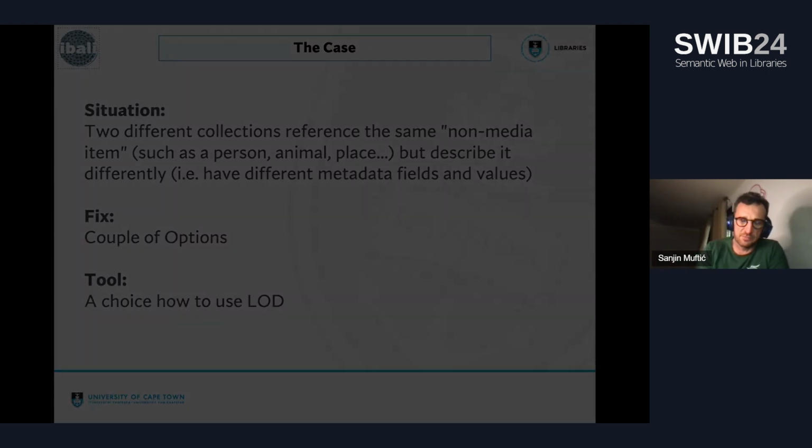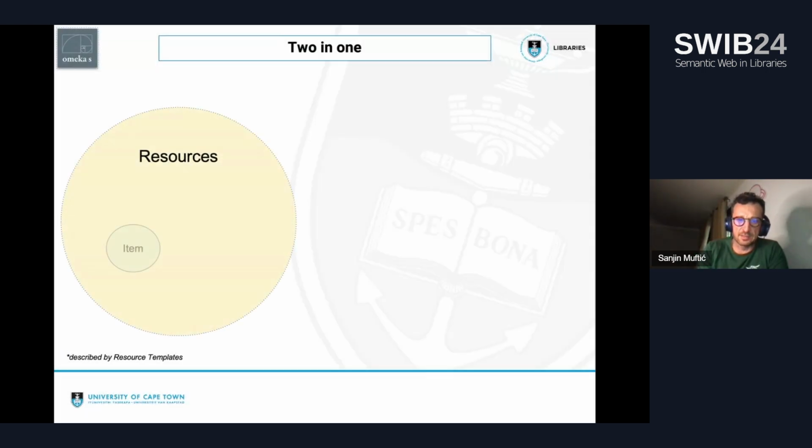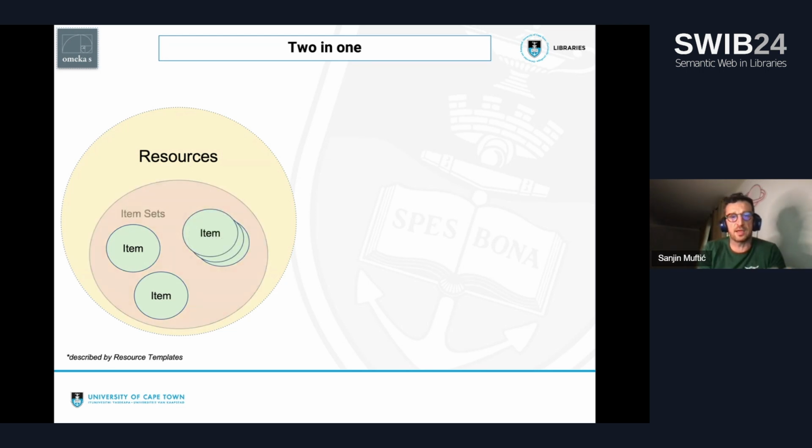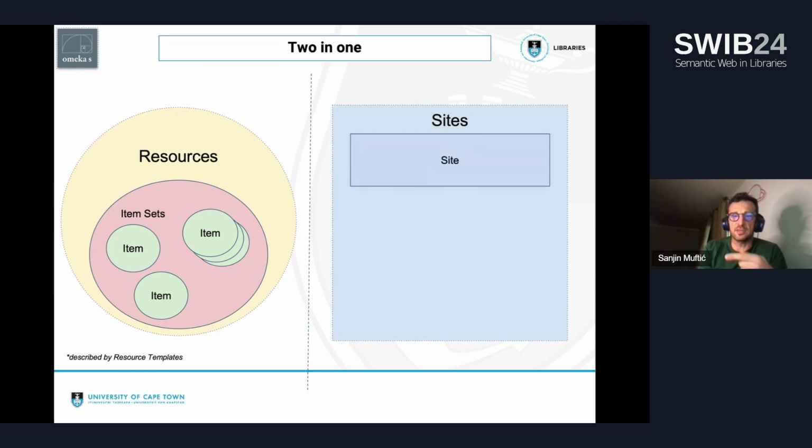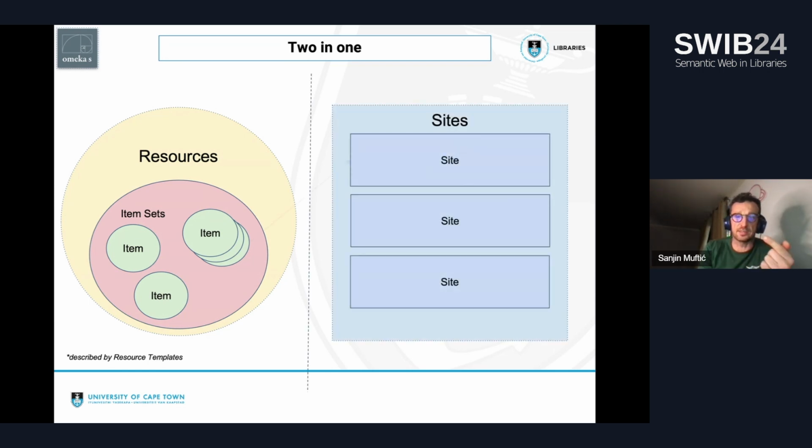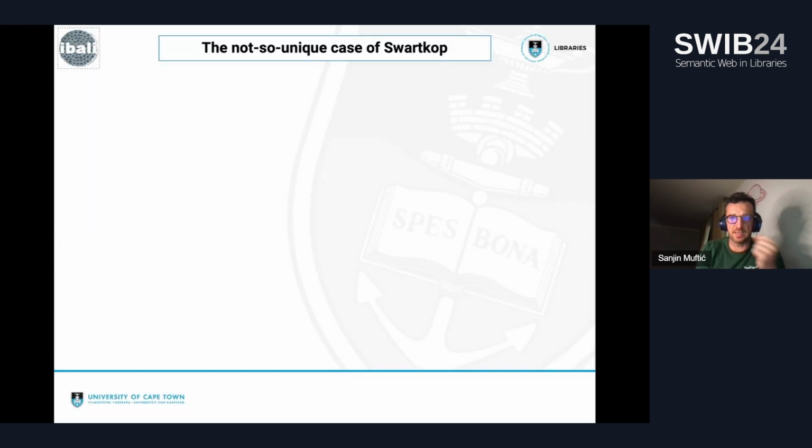They have metadata fields. This highlights one of the key parts of Omeka S: while you have resources on one side, which have a number of different items, when you create a site, you can reuse the one item in many different sites as you wish, which is both a blessing and I guess a curse in a way, because I want to give you an example.